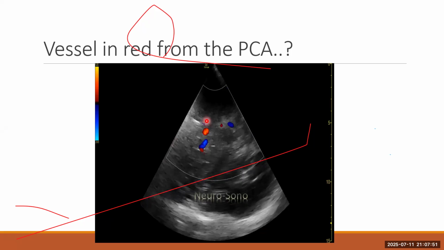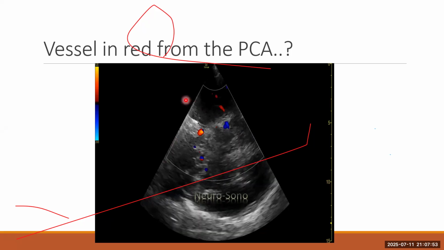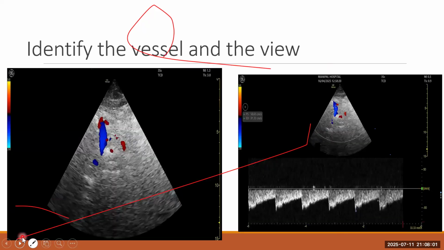MCA is going here along the sphenoid ridge, whereas this is shooting off from the PCA. So we need to identify and differentiate what is an MCA, what is a PCA, and what are choroidal vessels. So identify the vessel and the view.